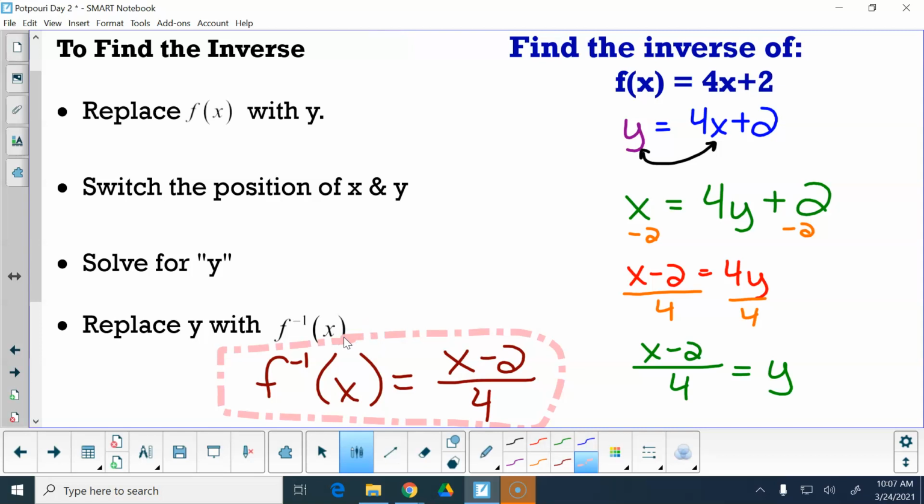So the process to find the inverse is relatively easy. You just switch the positions of x and y and solve for y. That's all you really have to do, but then we have to put it in the proper notation. Any questions about that?